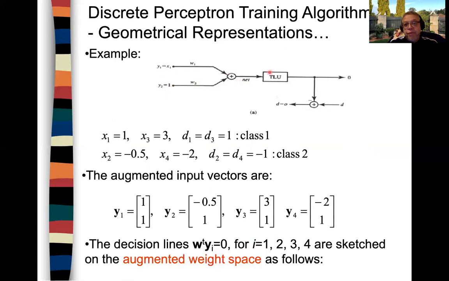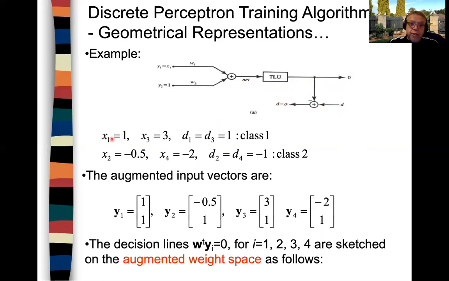And this would be fed to a threshold logic unit, meaning it's a sign. So if it's positive, O is equal to plus 1. If the net is negative, that means my O is equal to minus 1. And then this is my desired output.